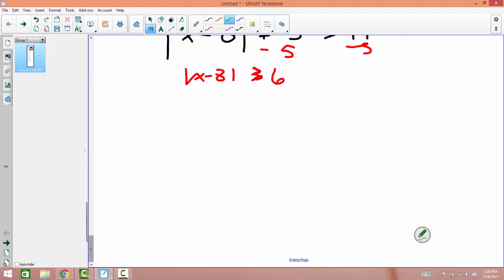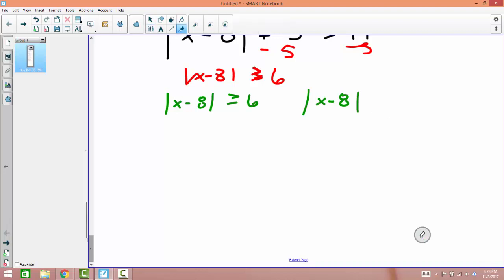You're going to now make this both the positive and the negative. So when you make it the negative, you're going to flip the inequality and you're going to make the second answer the opposite. And then you're going to get rid of the absolute value.